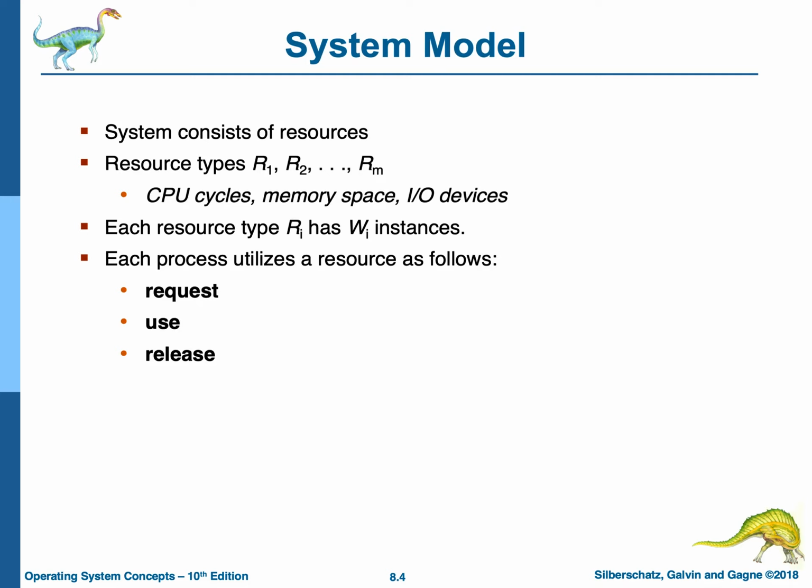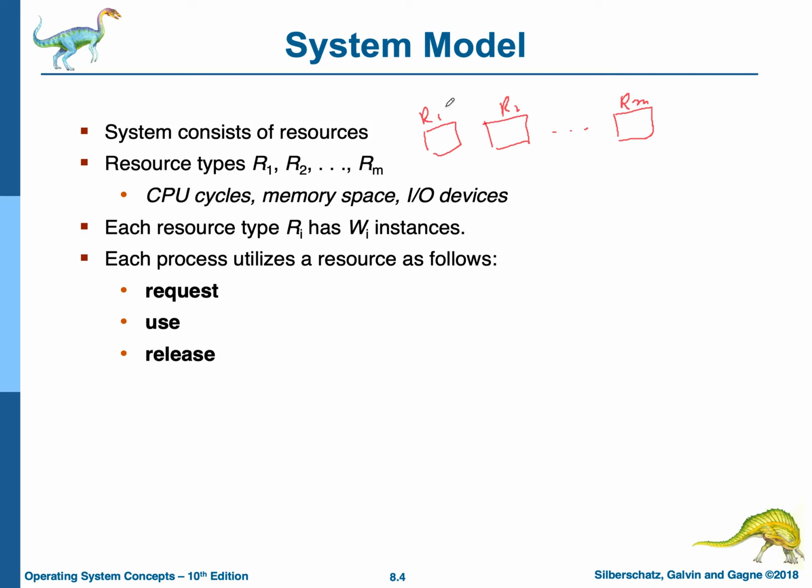Now in every system, the system resource types such as CPU cycles, memory space, and IO devices, or any hardware or software resources, are represented as the resources of the system. So for example, this is R1, this is R2, and this is maybe RM.